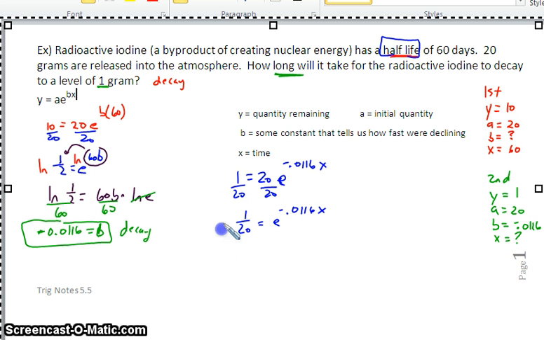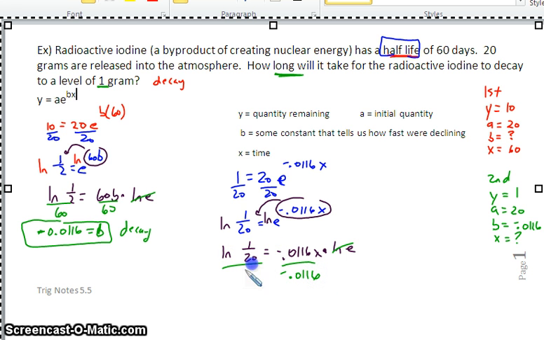Apply natural logs to both sides to solve. This would come out as a coefficient in the front. And remember, the natural log of e is 1, so we'll end up dividing by negative 0.0116.